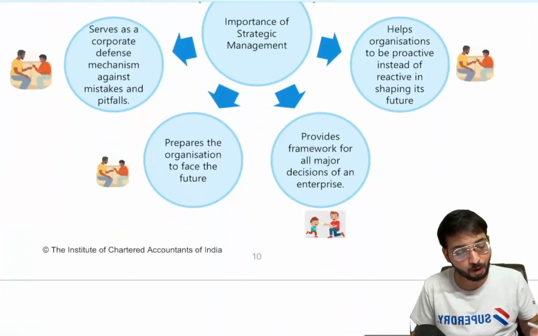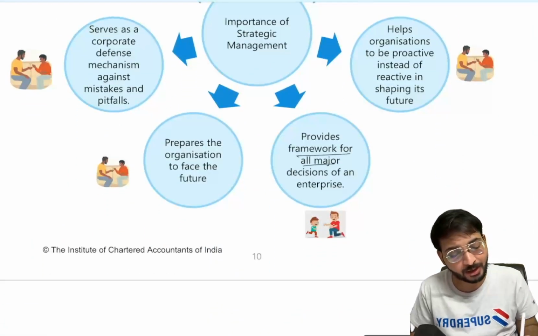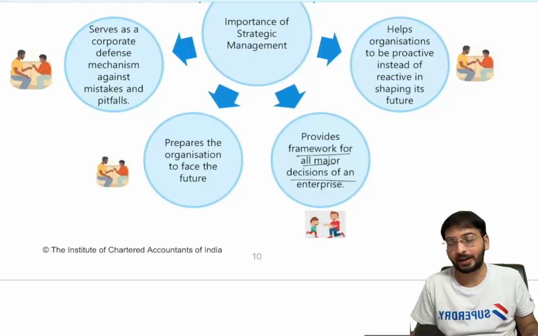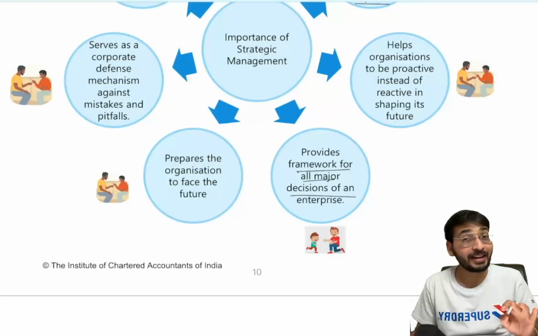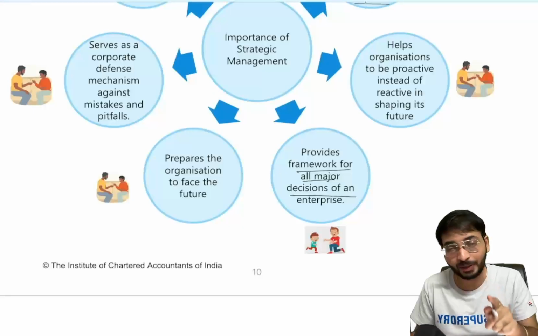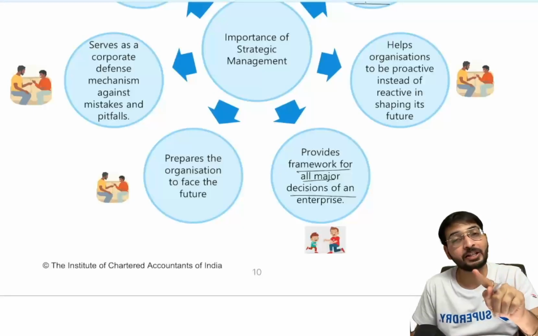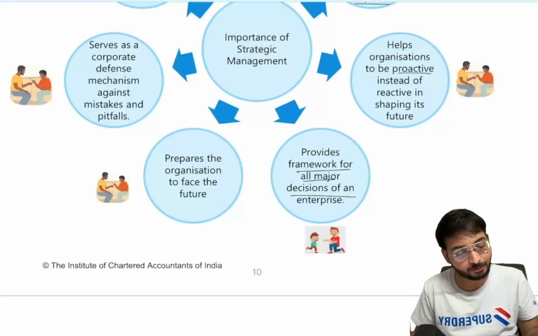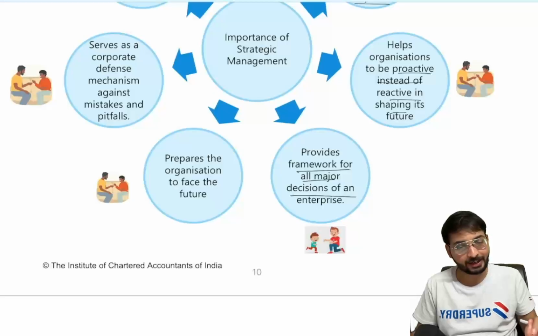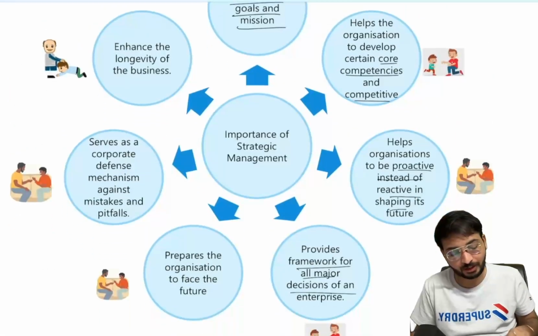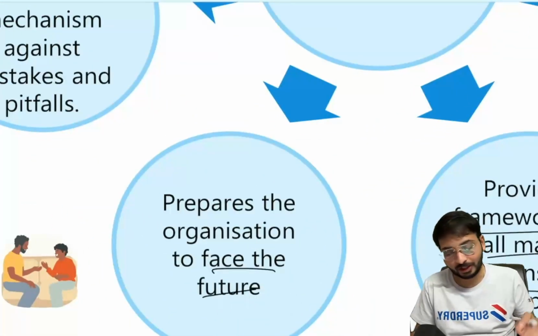Next, SM also helps in all the major decisions of an enterprise. So three done. Next, how many suggestions did the father give? Three suggestions. First, you go and approach, which means be proactive instead of being what? Reactive. Be proactive instead of being reactive. Next advantage is how to face the future. That is also done.